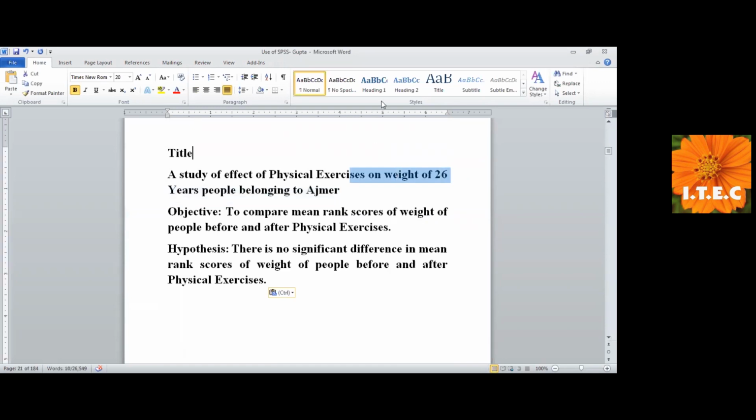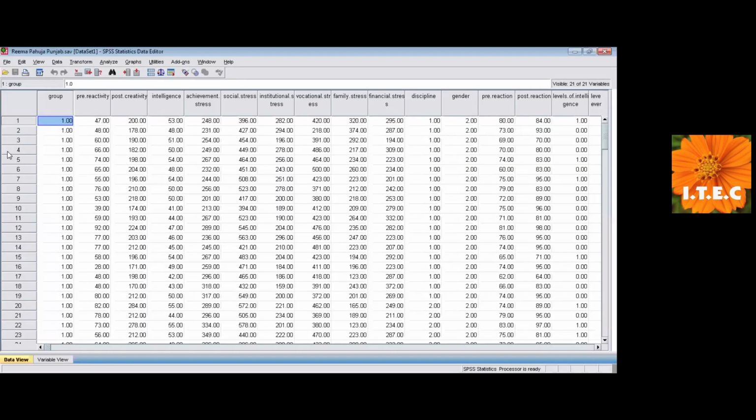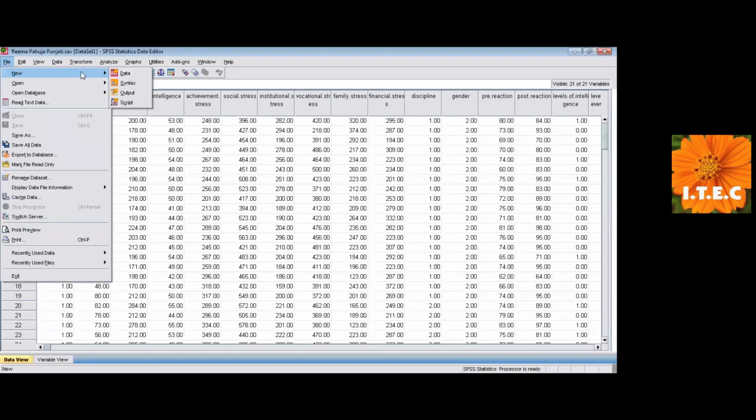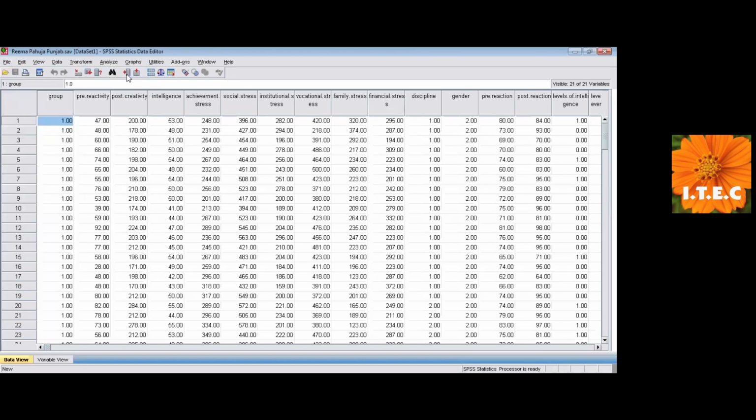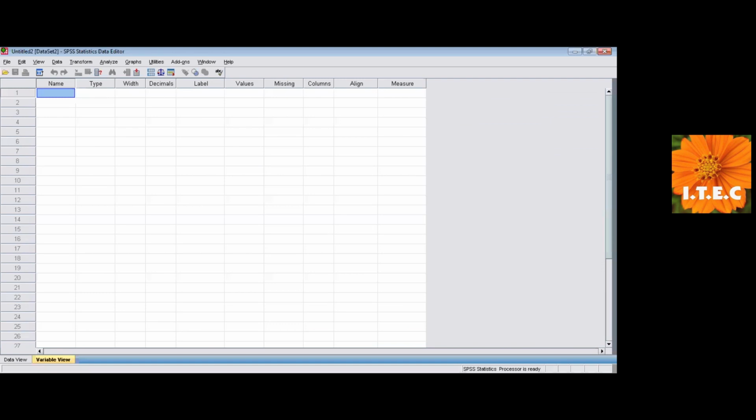So let us go ahead with another 5, and now you can say that here I will be having the pre-weight and I will be having the post-weight.